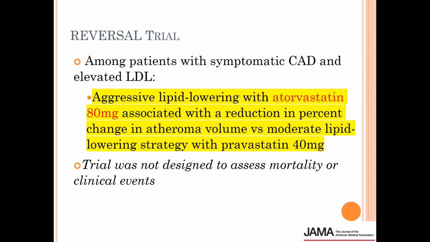So they concluded that patients treated with high-intensity statin, atorvastatin 80, versus pravastatin had a larger reduction in lipid parameters, as well as change in atheroma volume. The study was not designed to assess mortality and cardiovascular events, and the follow-up was not long enough really for them to notice any significant difference between the two therapies in terms of events.